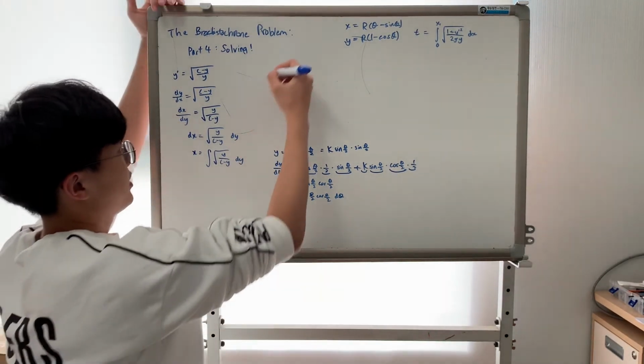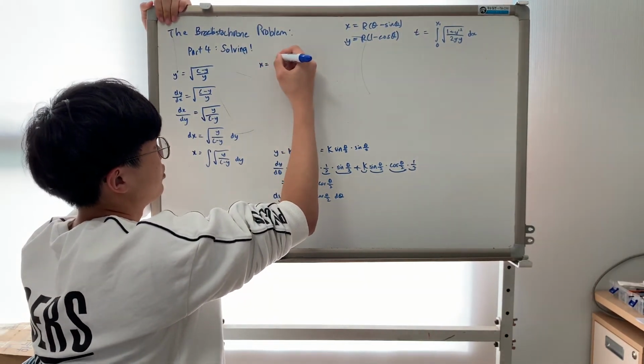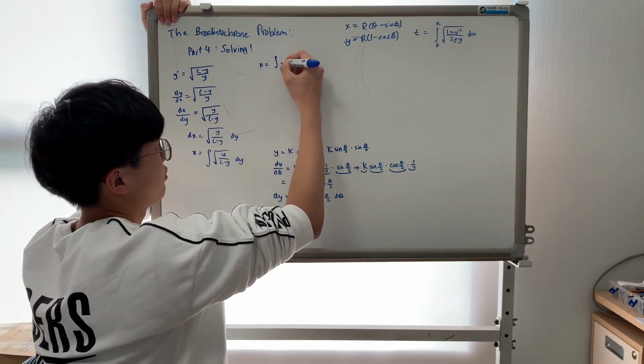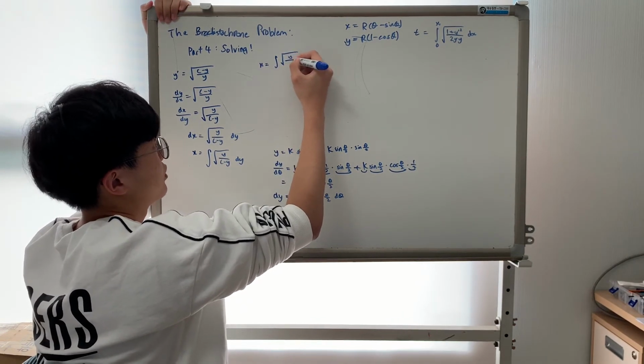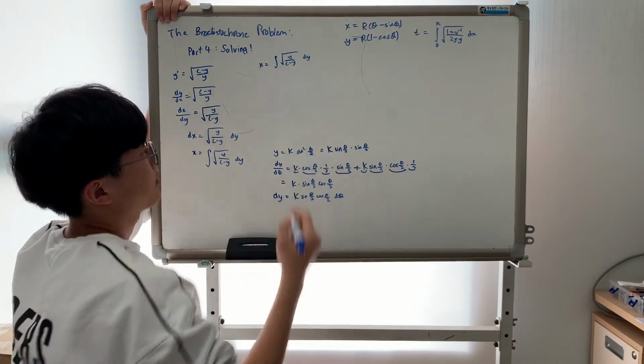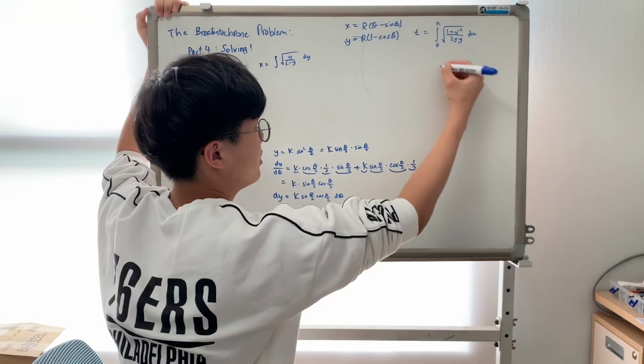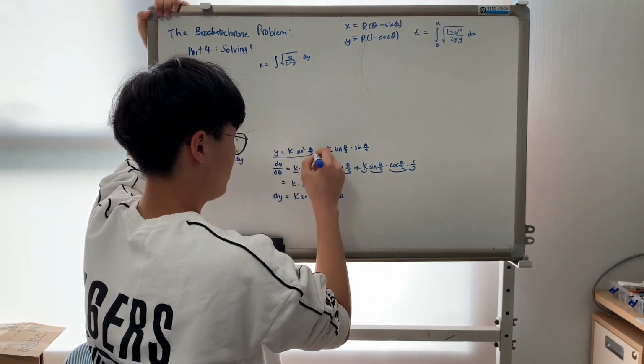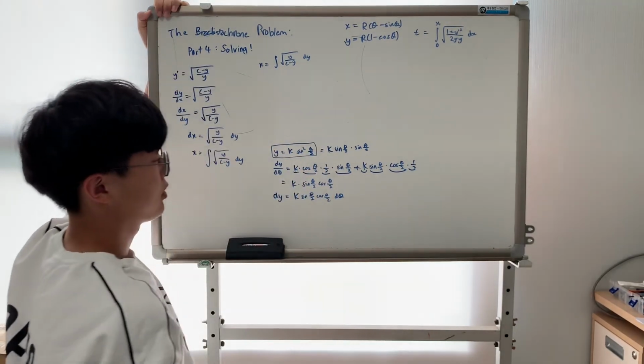Okay, then let's write this again. x is equal to the integral of the square root of y over c minus y, dy. And we said that y is equal to k times sine squared of theta over 2.